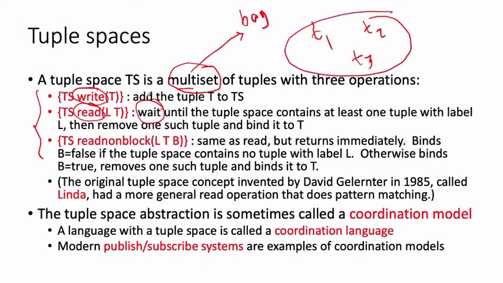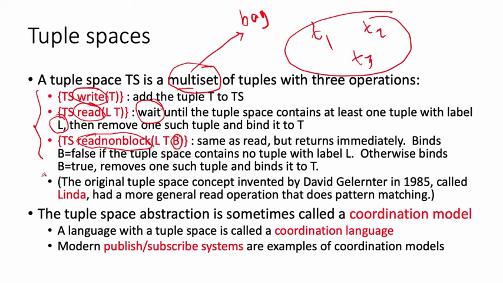Originally this was pattern matching, but in the implementation I will show you today, we are waiting for a tuple with a given label to appear in the tuple space, and we take one of them out. And then there's a non-blocking version of the read, which does not wait, but returns immediately with a Boolean, true if it has a tuple, and false if there's no such tuple.